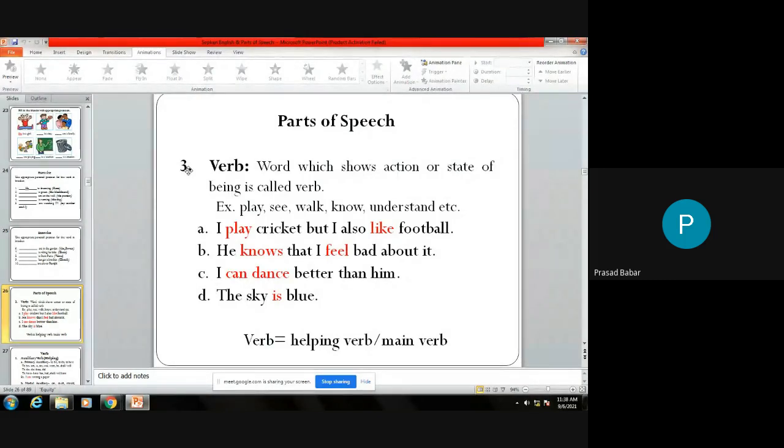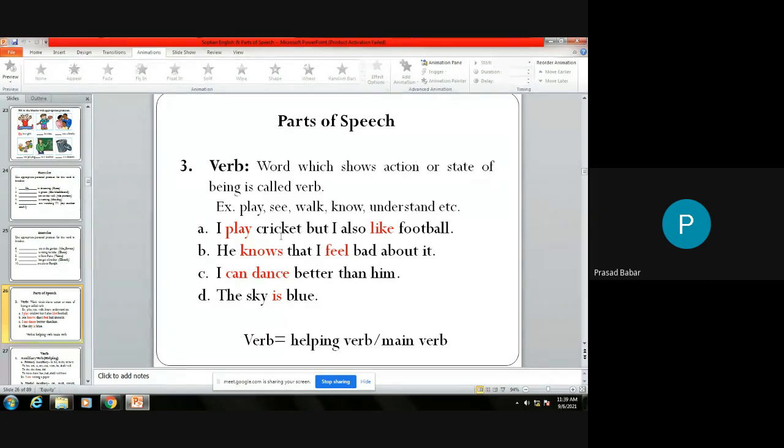From the starting of the day itself, to wake up is also an action, to brush teeth is also an action, to eat breakfast, to drink tea or to take tea. So these are the actions and these are shown by verbs.